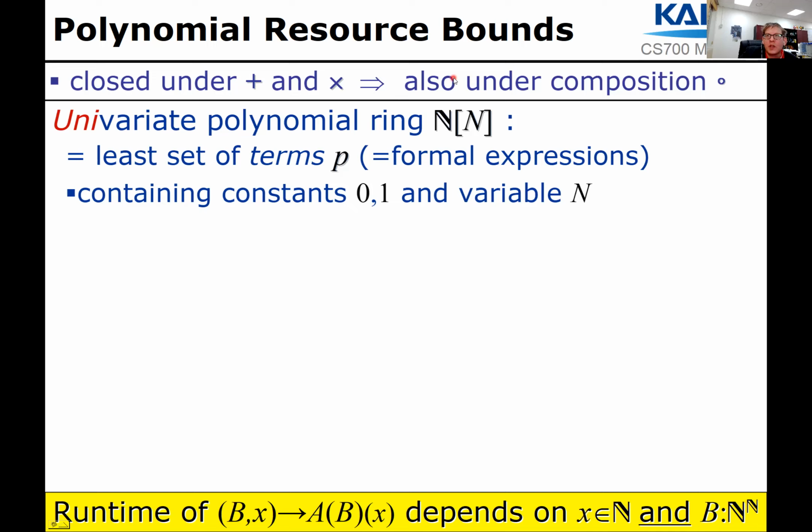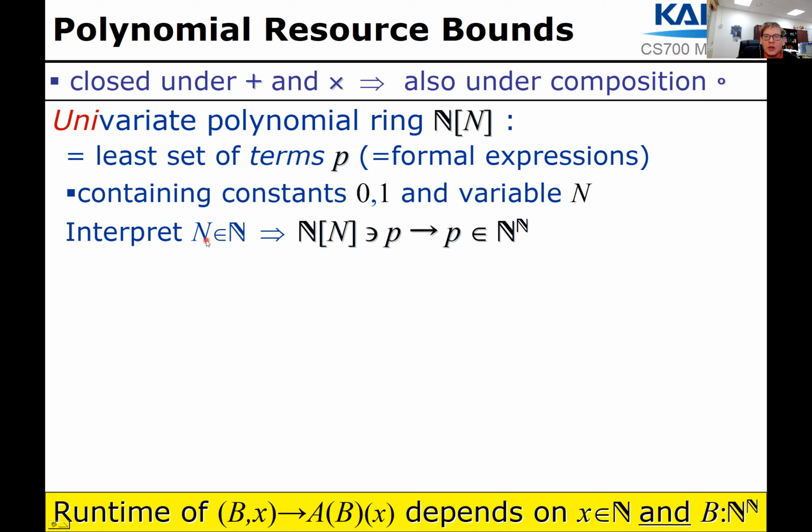That's univariate polynomials, or standard polynomials, for resource bounds because each such polynomial gives rise to a function from natural numbers to natural numbers, right? So here these are just formal expressions, these are terms, but we can interpret any such term as a function from natural numbers to natural numbers.